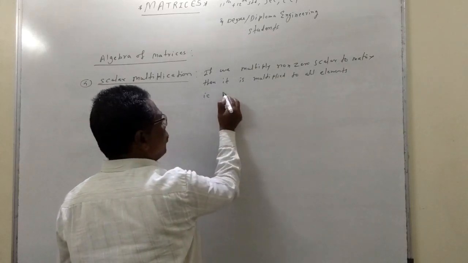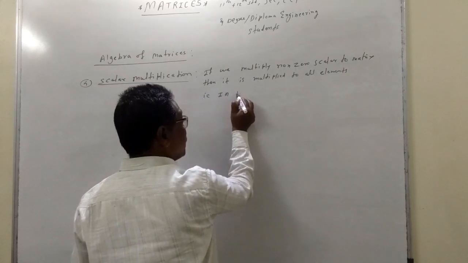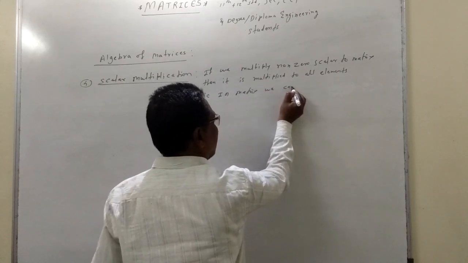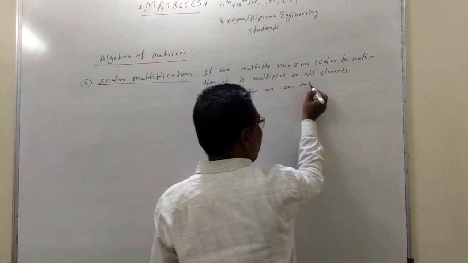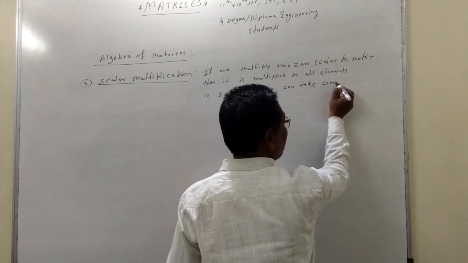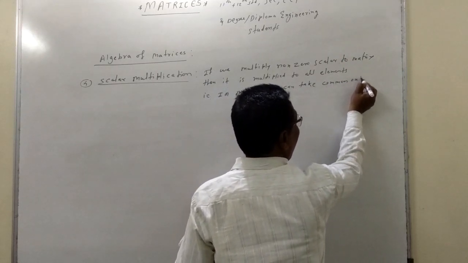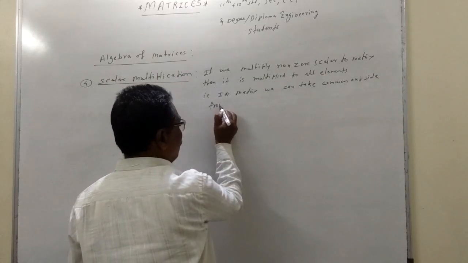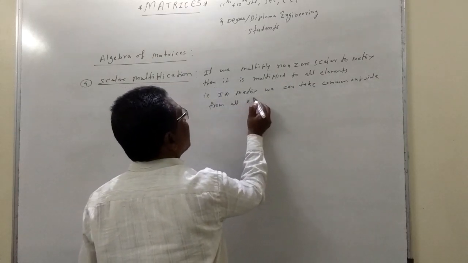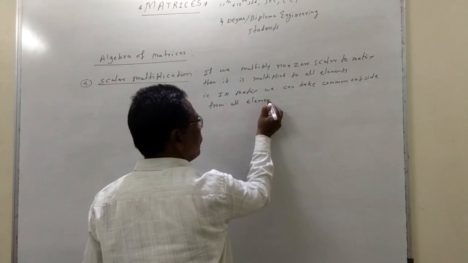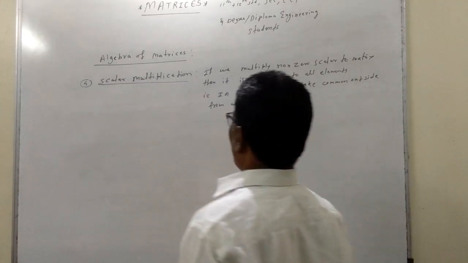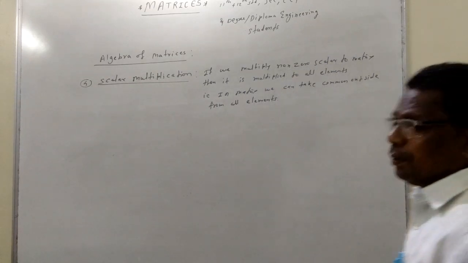That is, in a matrix we can take the scalar common outside from all elements.